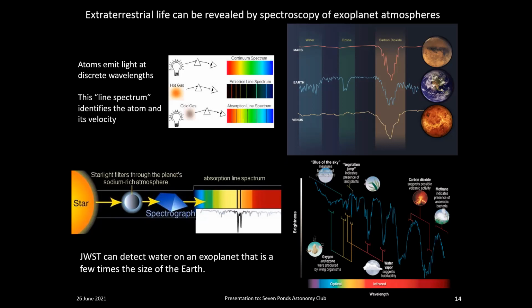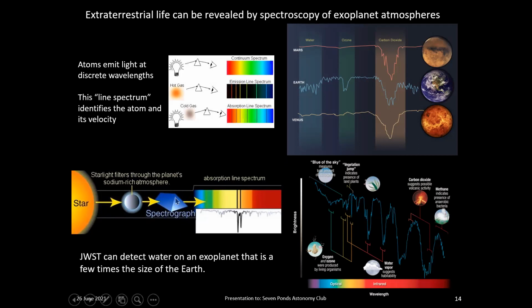Now, how do we really do this? The main way that JWST will do this is something called transit spectroscopy, and how it works is shown in this cartoon. In many cases, we will be observing the exoplanet system edge on, or nearly so.